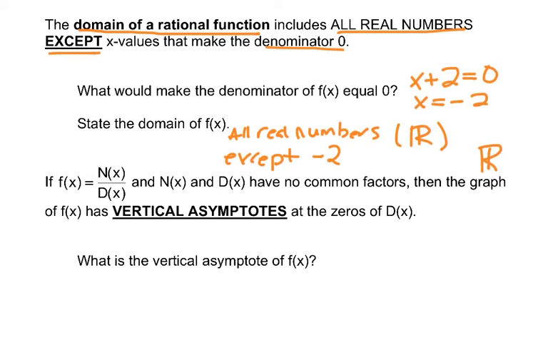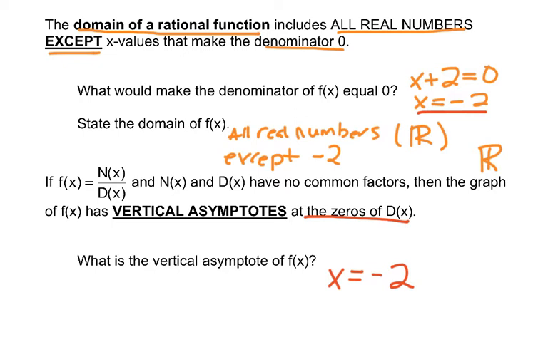Okay. Now our function also has vertical asymptotes at the zeros of our denominator. So what makes our denominator equal 0? Well, we found that. That's at x equals -2. So we have a vertical asymptote at x equals -2. An asymptote is kind of like an invisible line that your graph will not cross.